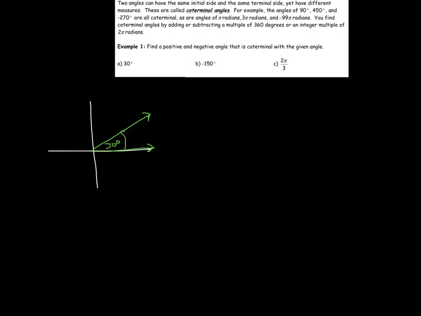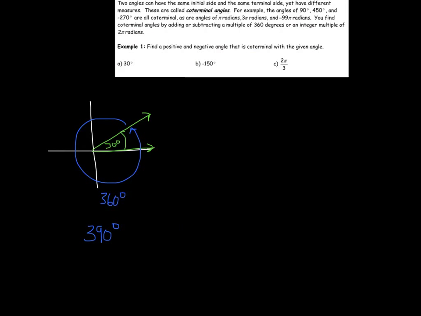If I go around the circle all the way and I end up exactly where I started, how many degrees have I just rotated? If you go all the way around the circle, you have just rotated 360 degrees. So if I add 360 degrees to 30, I get 390 degrees.